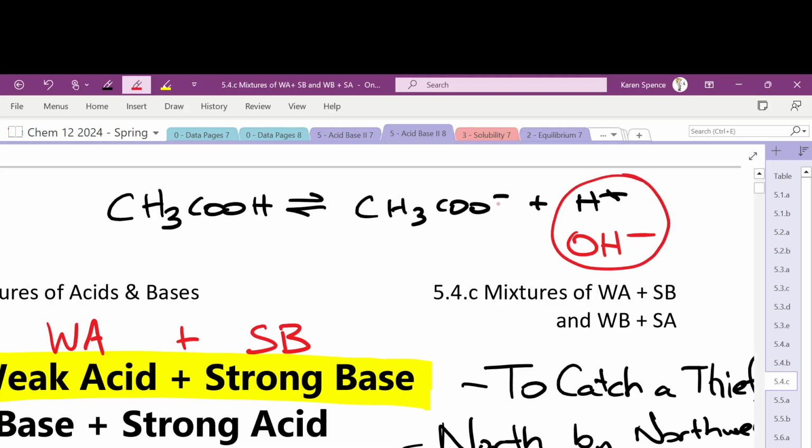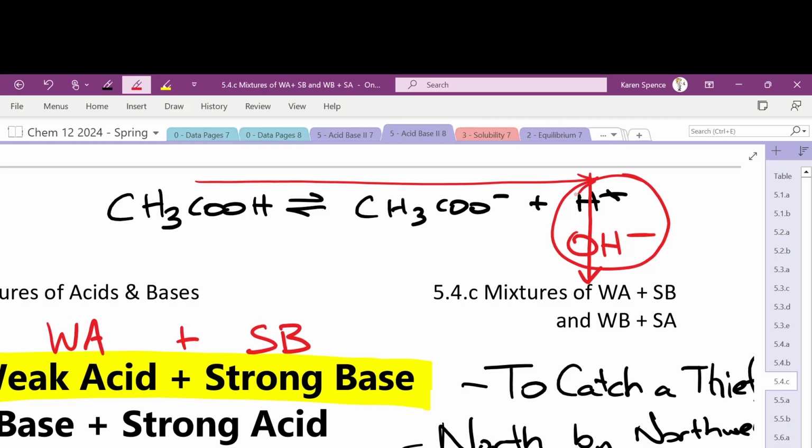OH minus reacts with H plus, causing the H plus concentration to drop, which causes this equilibrium to shift to the right. Now, what if I add more OH minus? It'll keep shifting to the right until eventually it has shifted completely to the right.